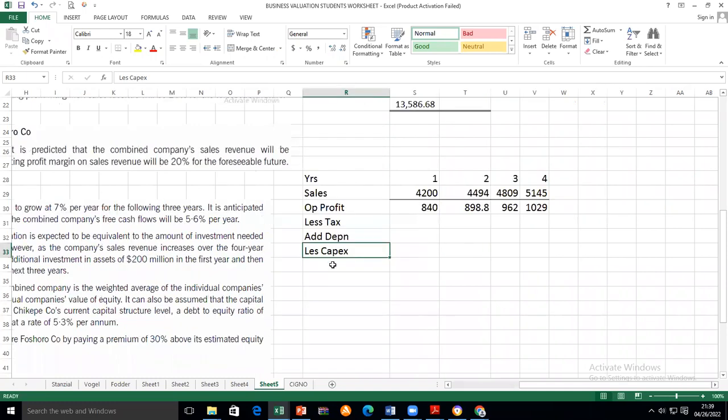Less capex. There's capex which is needed to do what? And the one which is expected to do what? What are they telling us about this figure and this figure? What are they saying about those two figures?